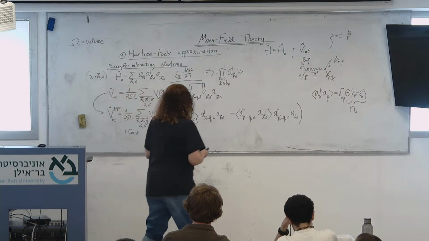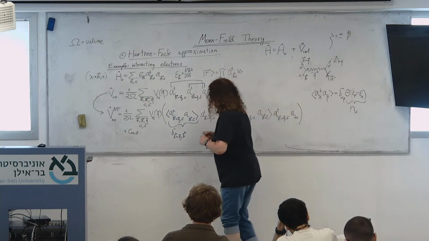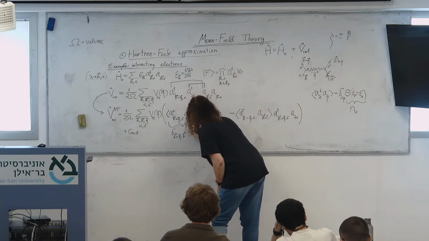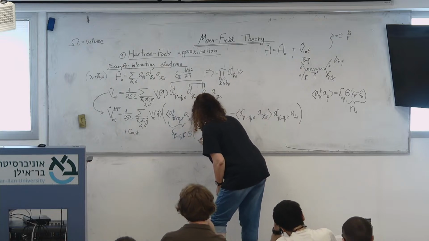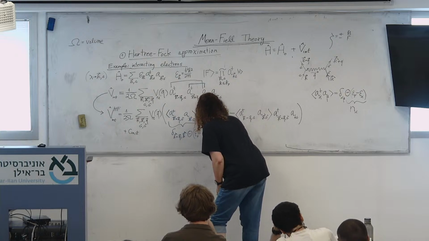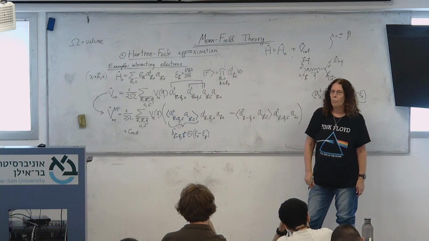We'll use it in a minute, but of course I have to multiply it by theta of E Fermi minus epsilon k prime.